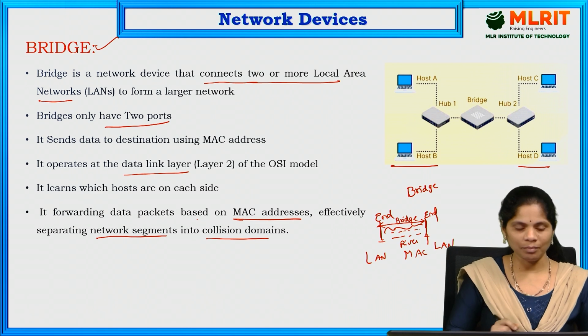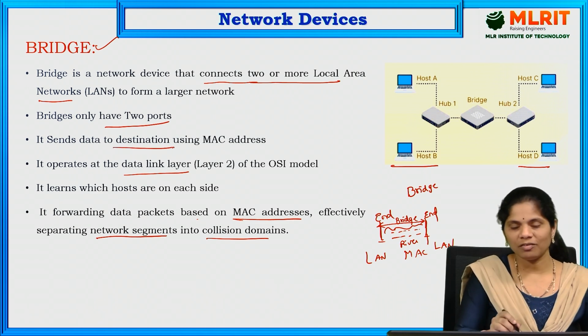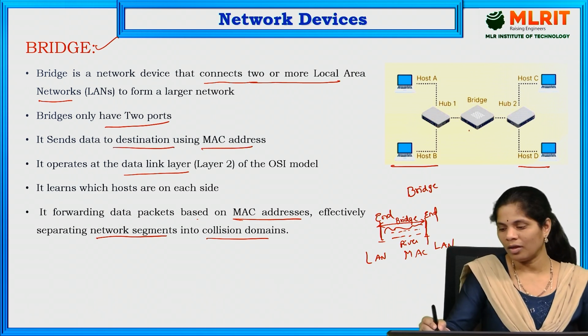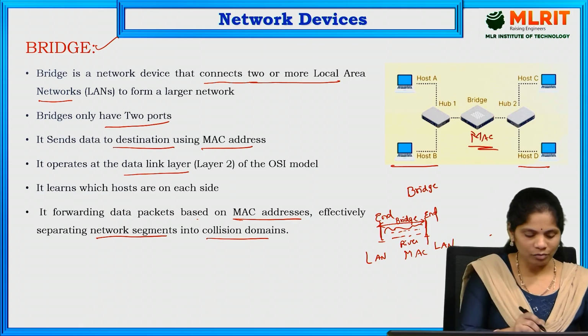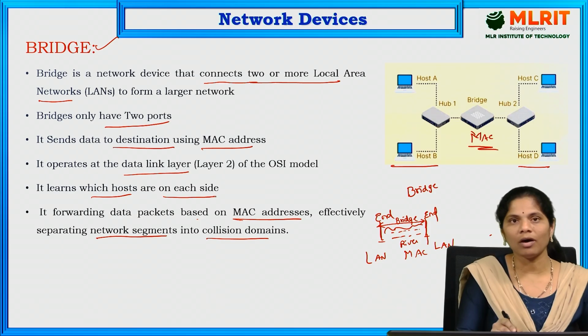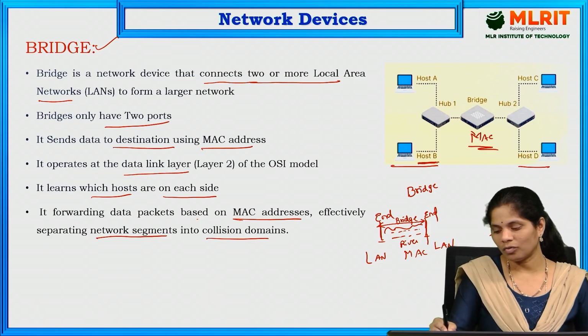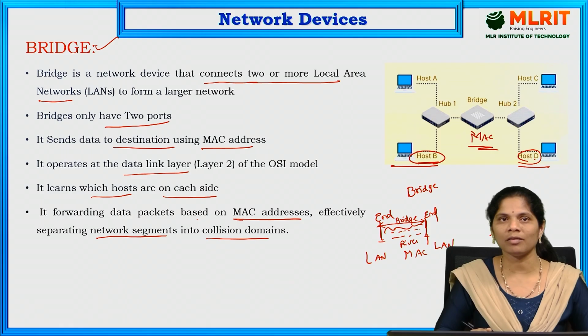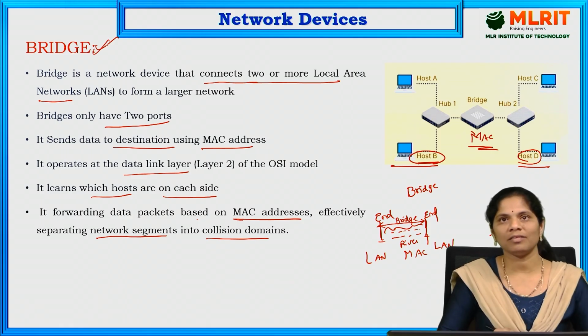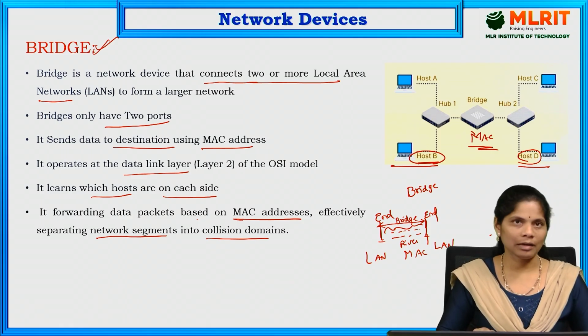It sends the data using the destination MAC address. It also learns which hosts are on each side, which host is on this side and which is on that side. That is the bridge in the data link layer.